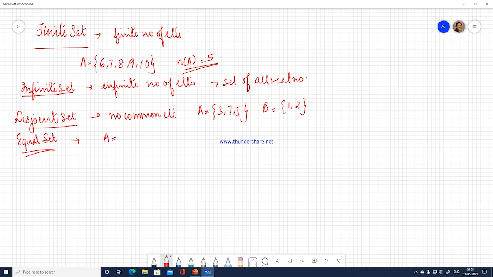We can say A is equal to {4, 3, 2, 1} and B is equal to {1, 2, 3, 4}. These are equal sets because even though the order changes, the elements are the same. So we can say that A and B are equal sets.